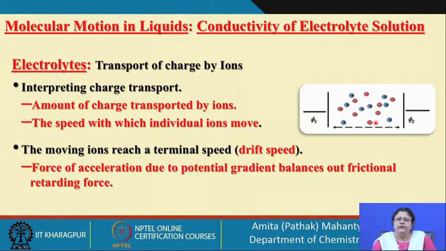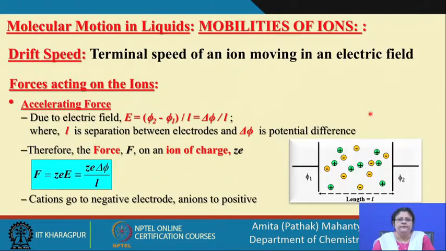They are going to reach a terminal speed, or drift speed, when the force accelerating them forward is balanced out by a frictional force which is retarding. So, the retarding force and the accelerating force should balance. Let us first identify the form of the accelerating force.